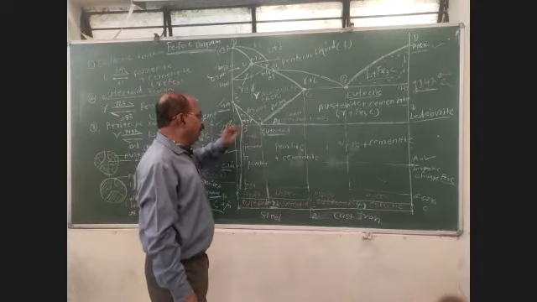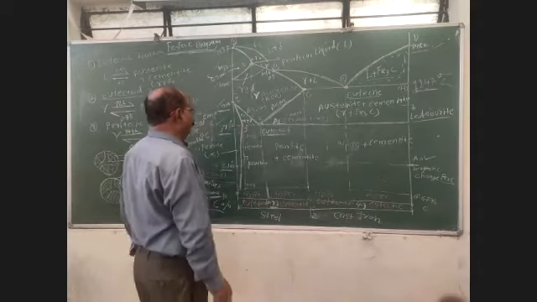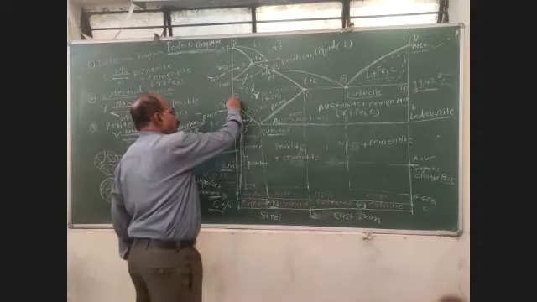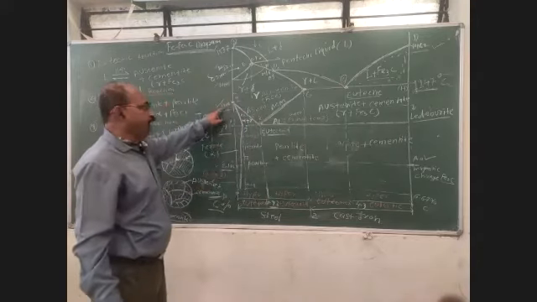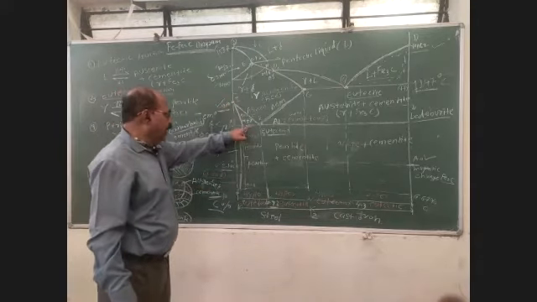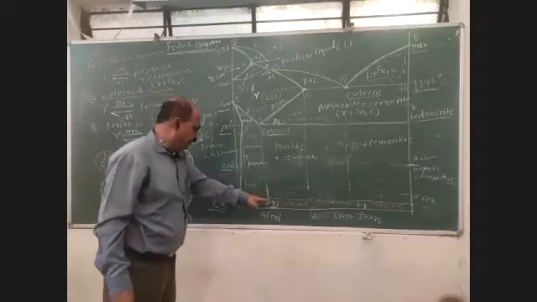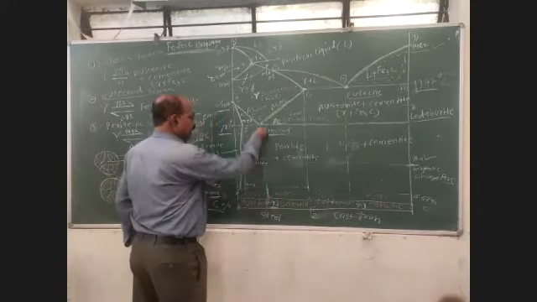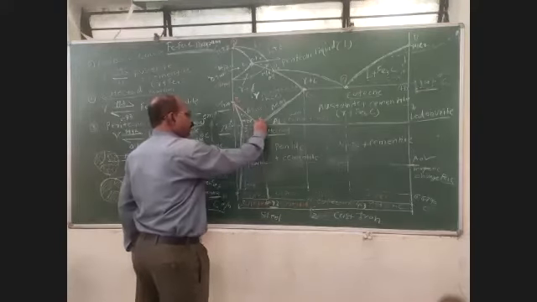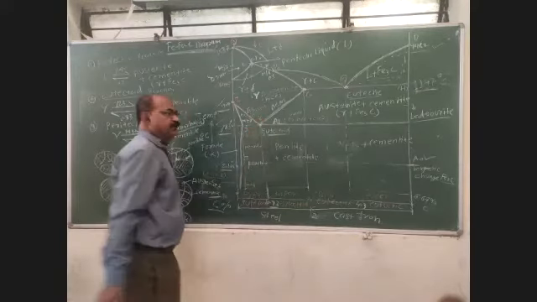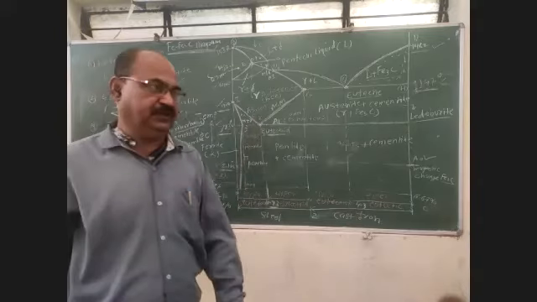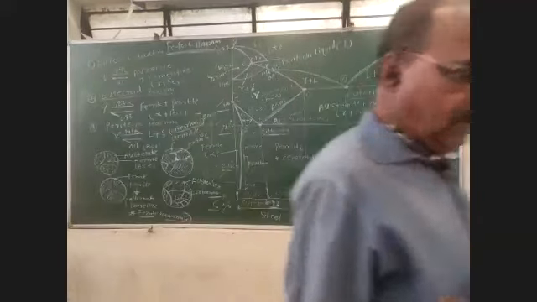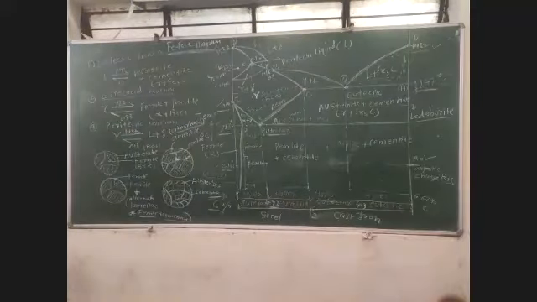After this, you have to take this point 910 and the corresponding carbon percentage 0.83, means this line and this line are joined together. This point is called the eutectoid point. At the eutectoid point, percentage of carbon is 0.83.